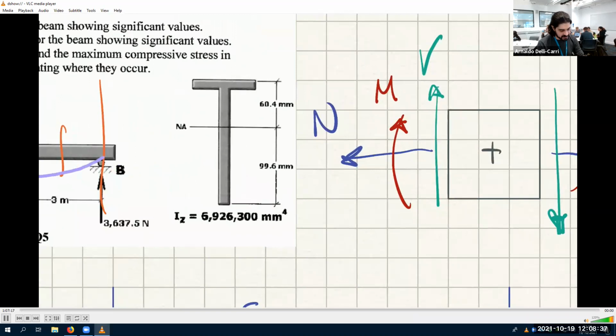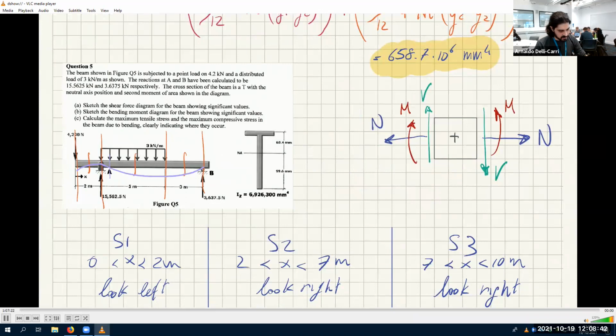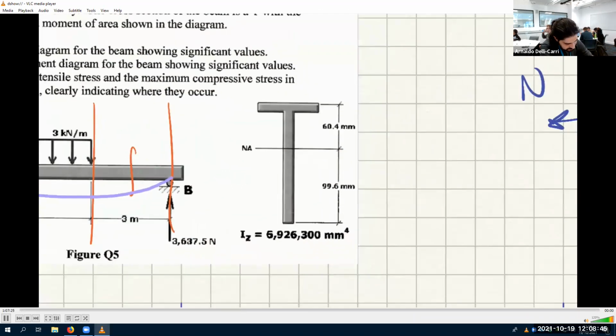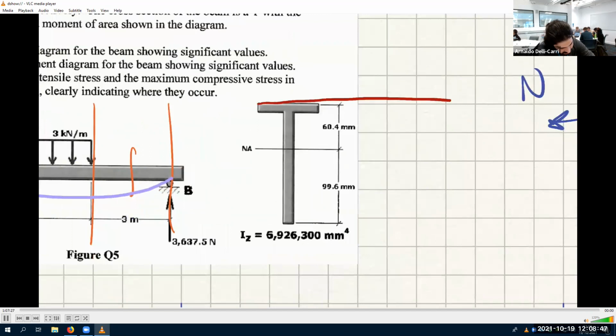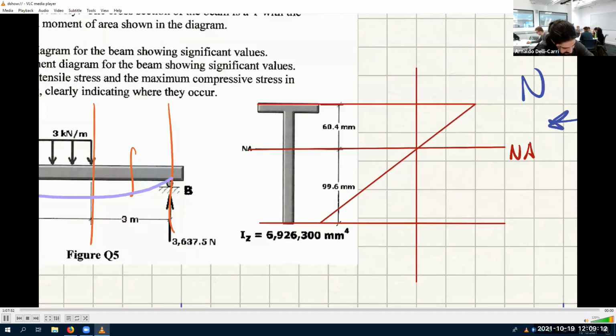As you might remember from first year, the largest bending stress occurs if this is the neutral axis. So this is the neutral axis. So that means that the largest stress, as you can see, must occur here.